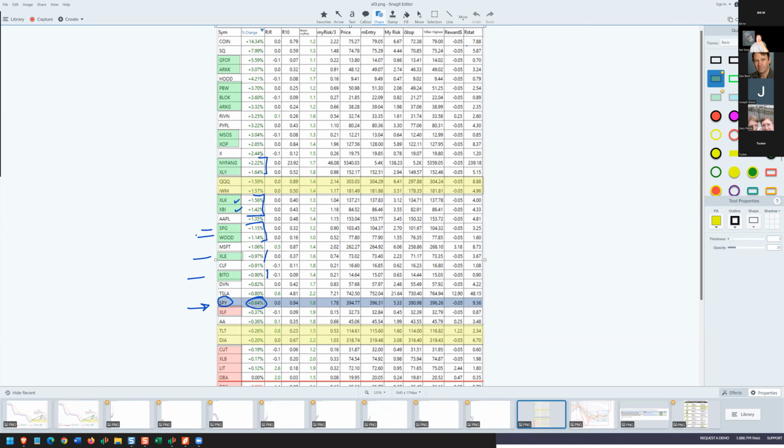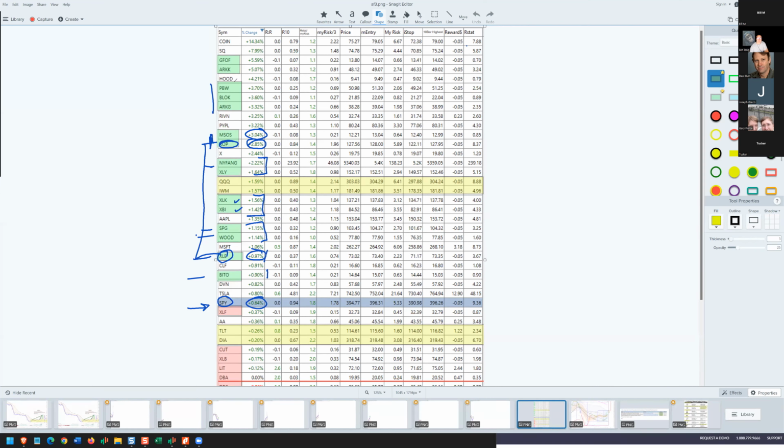The FANGs and consumer staples 2.2 and 1.6. Marijuana 3%. Oil exploration 2.85. So when energy does well and oil exploration does better, that bodes well on a swing basis for energy.